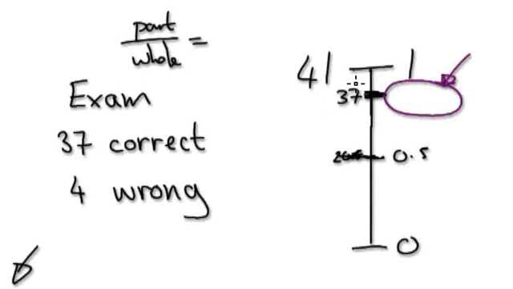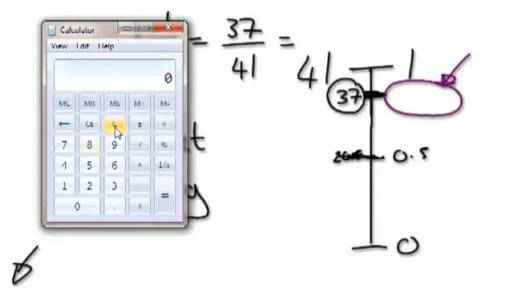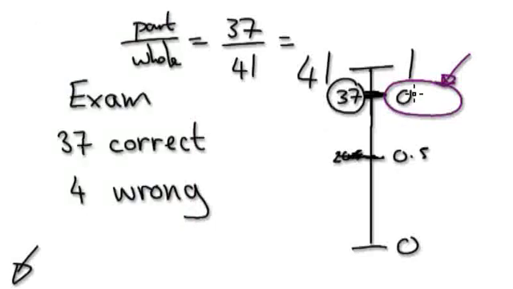So the part here would be 37 over 41. So calculator, clear it. 37 divided by 41 equals 0.90. So really, you got 90% on this exam here, which is pretty good. Okay.